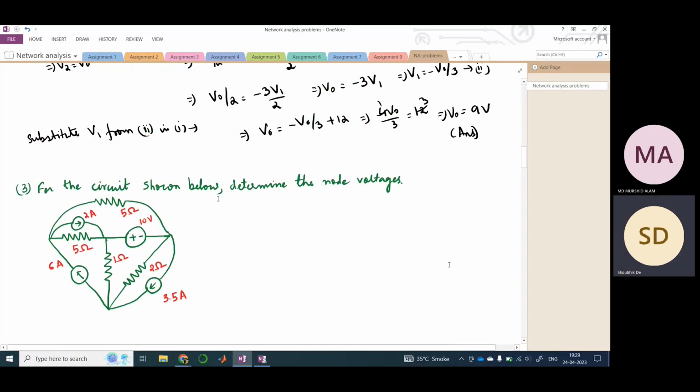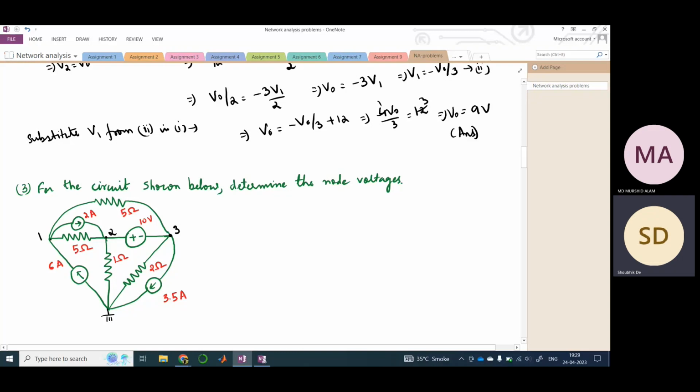So here we need to determine the node voltages, right? Let us quickly first mark the nodes. This is node 1, this is node 2, and this is node 3, and let us ground this node. And here also there are scopes of source transformation, current source to voltage source.